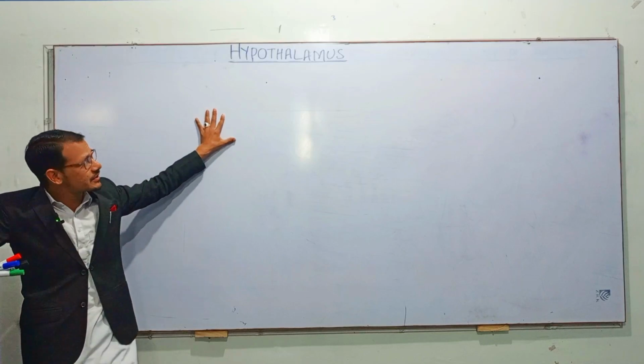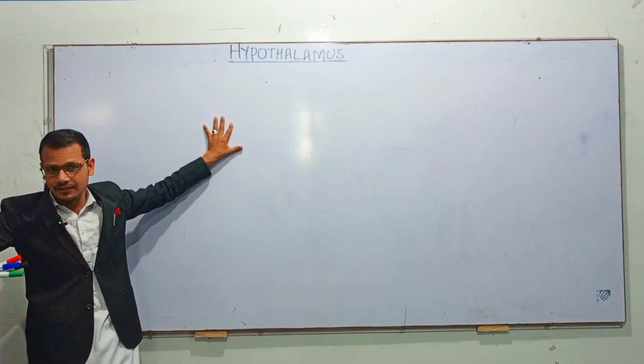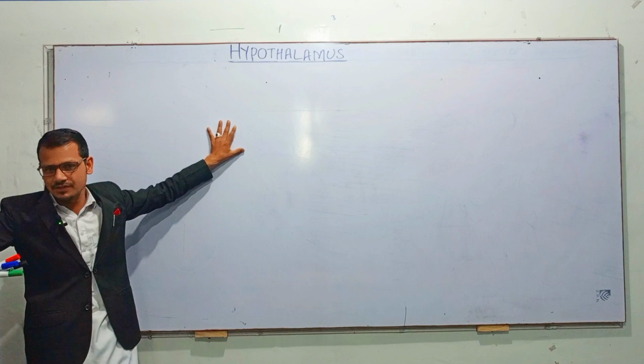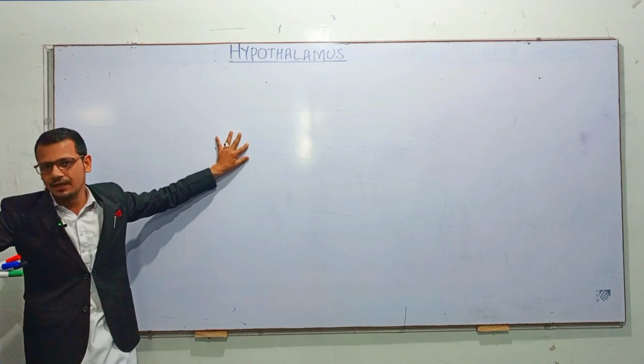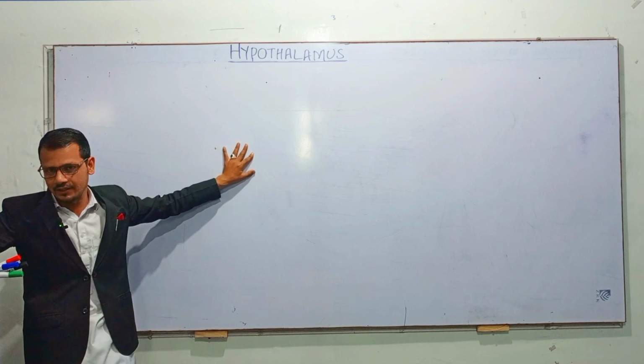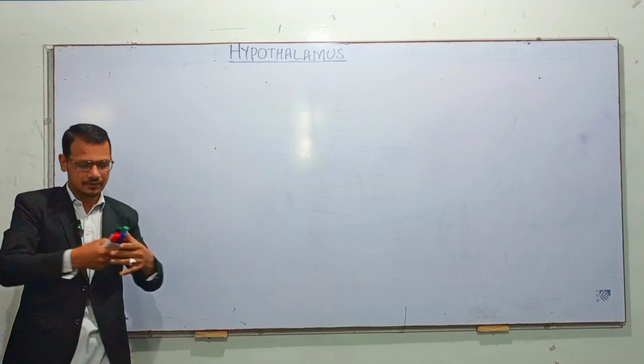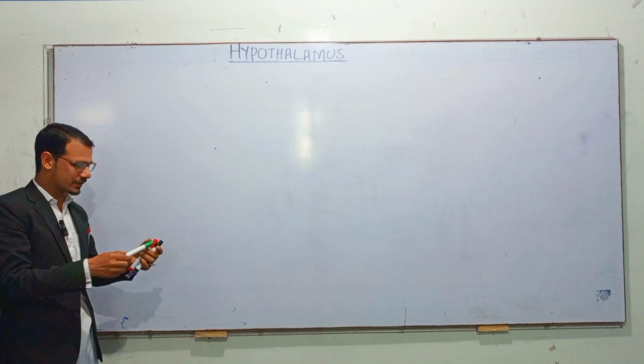As we discussed yesterday, the hypothalamus is a very important part of the brain, in the diencephalon, weighing almost 4 grams and having some important connections.